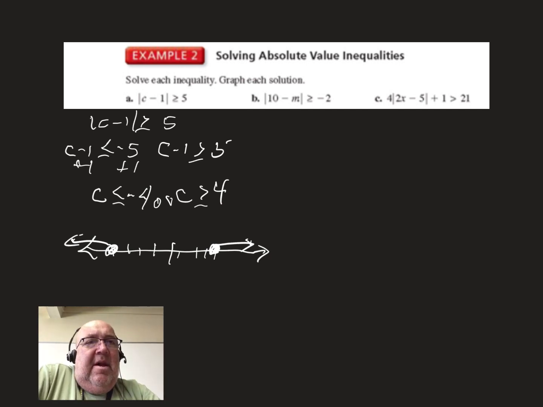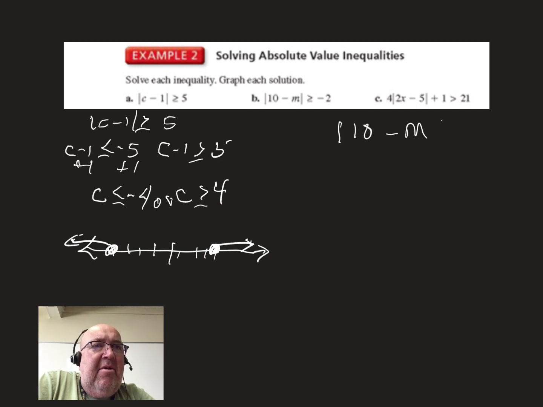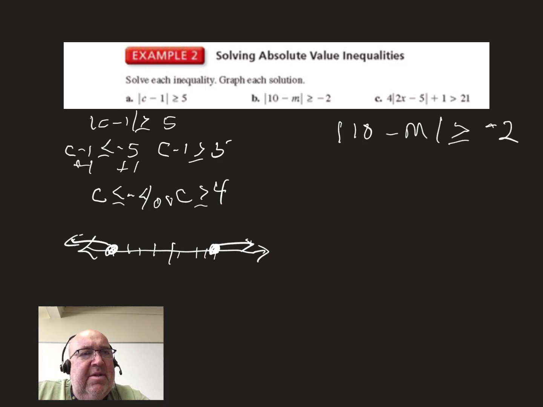Alright, let's take a look at problem B. We have the absolute value of 10 minus m is going to be greater than or equal to negative 2. So we're going to drop the absolute value signs. We're going to go 10 minus m, we're going to change that inequality, is less than 2.